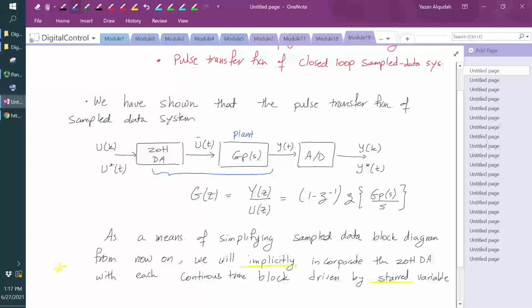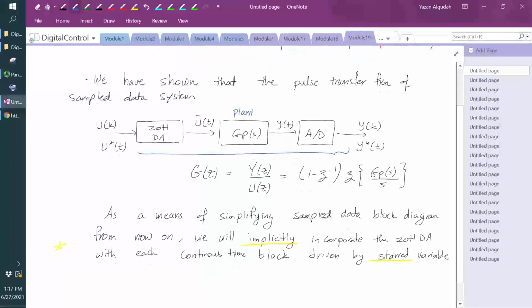This gives me the transfer function between the input u of z and the output y of z.